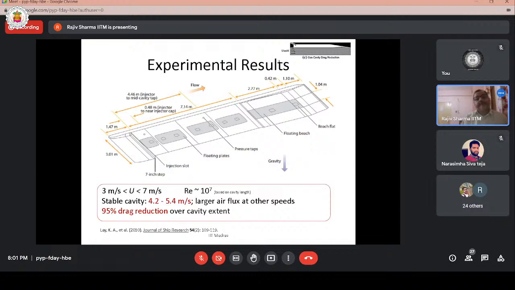Experimental results, especially for gas cavity drag reduction: you see the structure which has been designed and tested. The steps are of 7 inch.